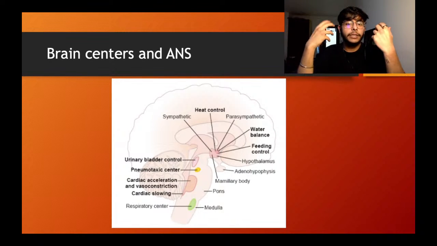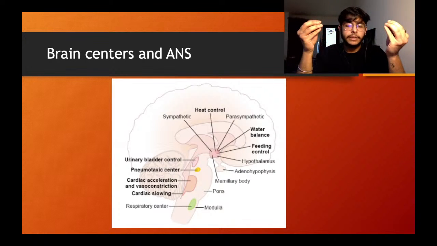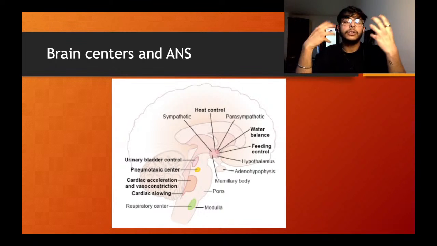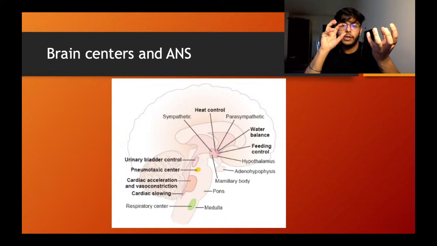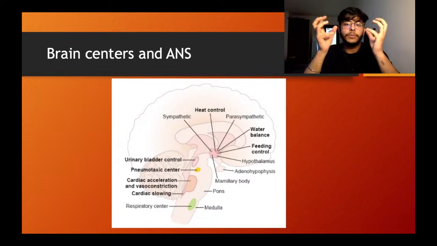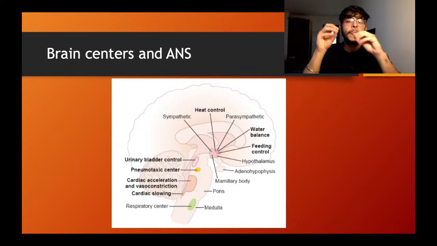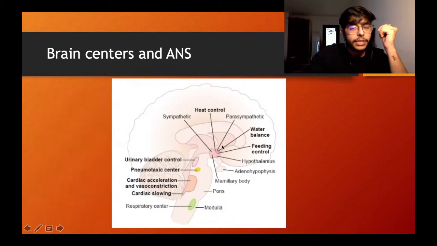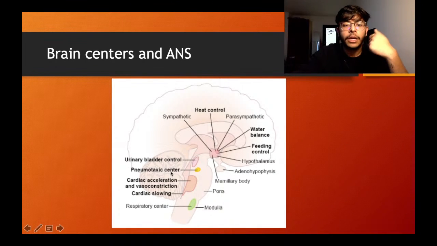In the brain, we have certain centers and nuclei that control certain functions and homeostatic regulations of the body. As you can see, in the hypothalamic region, we have heat control, water balance, feeding control, urinary bladder control, the pneumotaxic center, which has to do with normal breathing, cardiac acceleration, vasoconstriction, cardiac slowing, and the respiratory center.